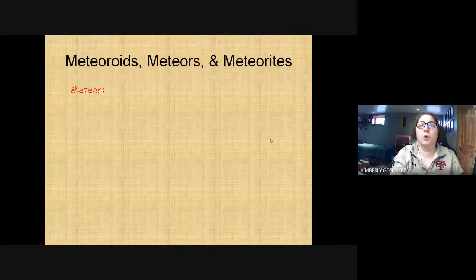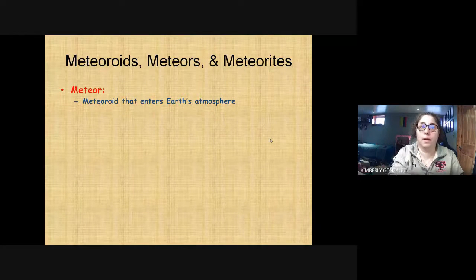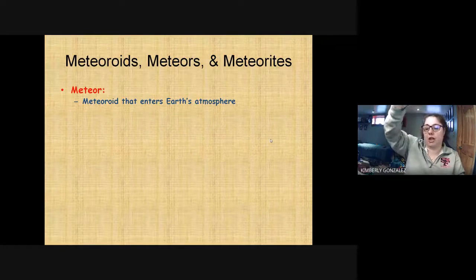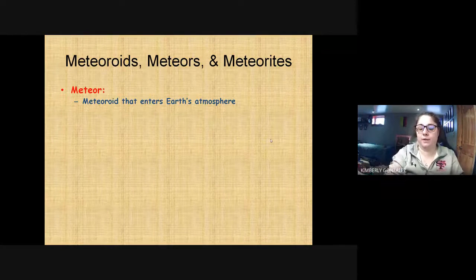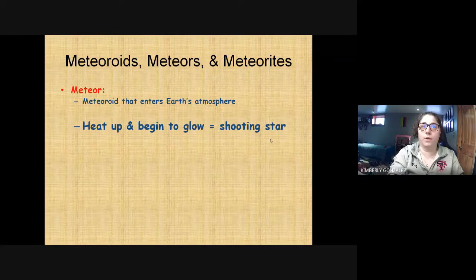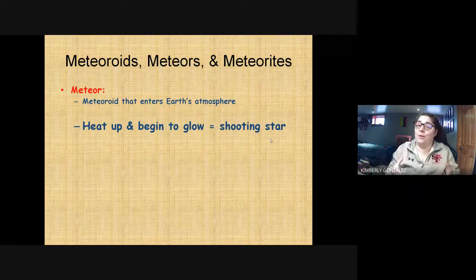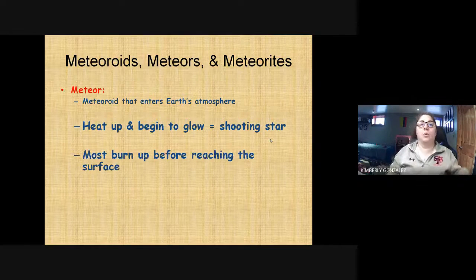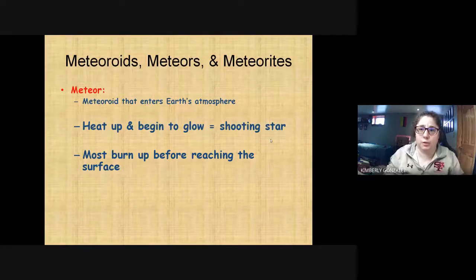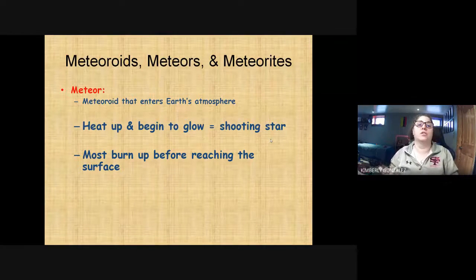Then you have a meteor. A meteor is a meteoroid that actually comes into our atmosphere. That's what you know as a shooting star. Stars are not randomly shooting through our atmosphere. That is a meteor that came into our atmosphere. When it comes in, it heats up and glows, and that's what you see as a shooting star.